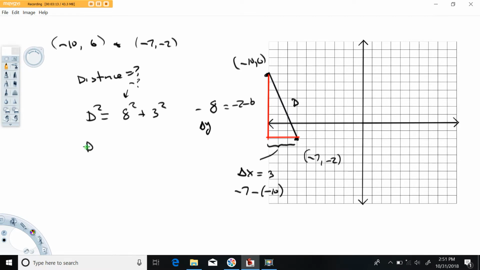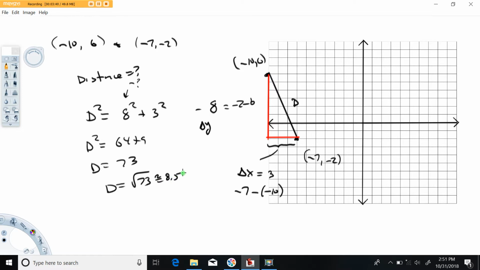So the distance squared is going to be 64 plus 9, which is 73. So that distance is the square root of 73. And this is approximately 8.5 roughly. So approximately 8.5, we're going to call that done.